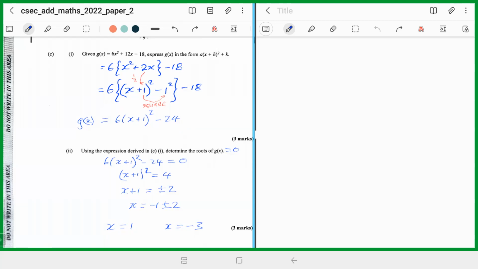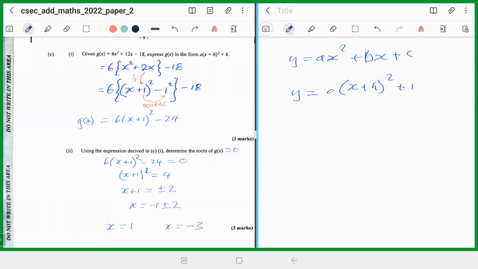The quadratic function can be written in 3 different ways. It can be written like this, the standard form, y equals ax squared plus bx plus c. It can also be written in the vertex form, which is y equals a into x plus h squared plus k.